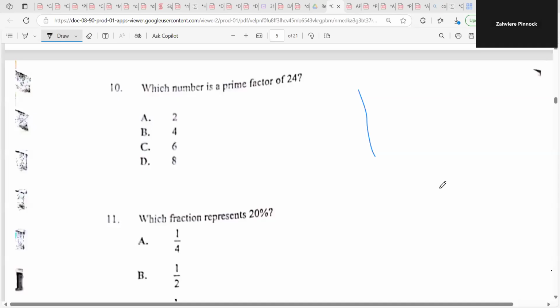So you mark that out. C, 6. 6 is not a prime number. It has more than 2 factors as well, and it's also a factor of 24. But that can't work. So now D, 8. 8 is not a prime number, but it's a factor of 24. So the answer would be A, 2.